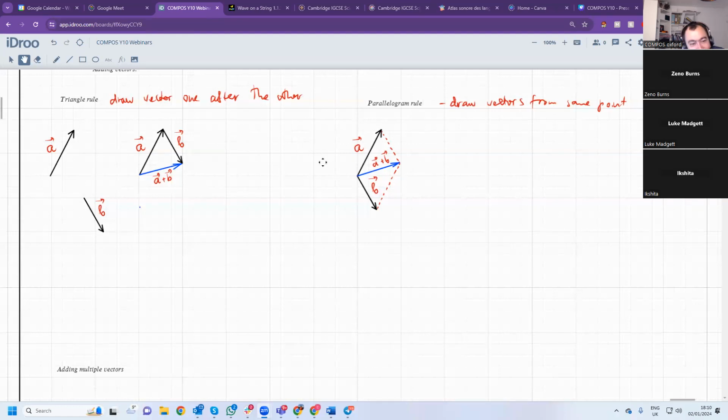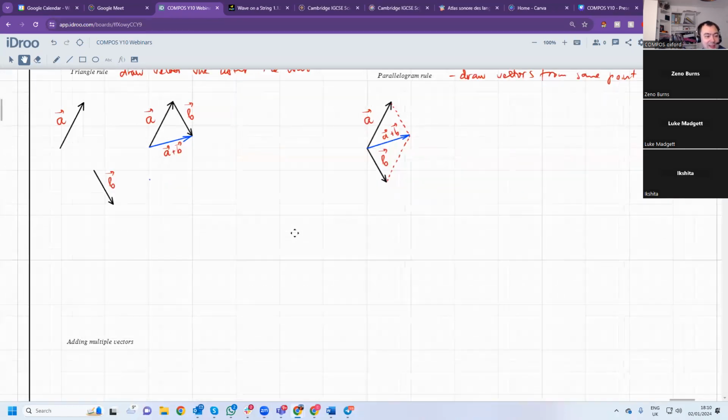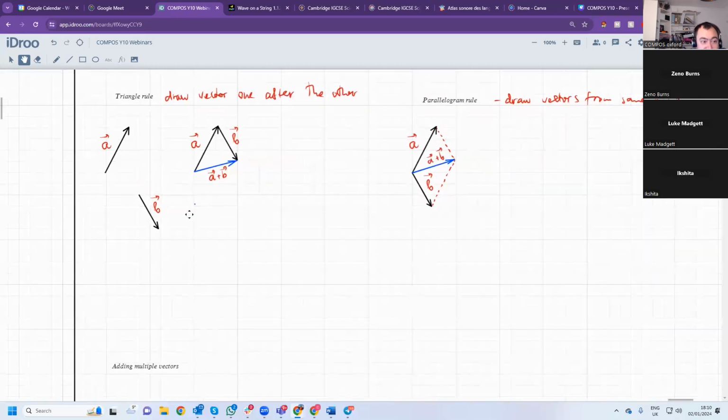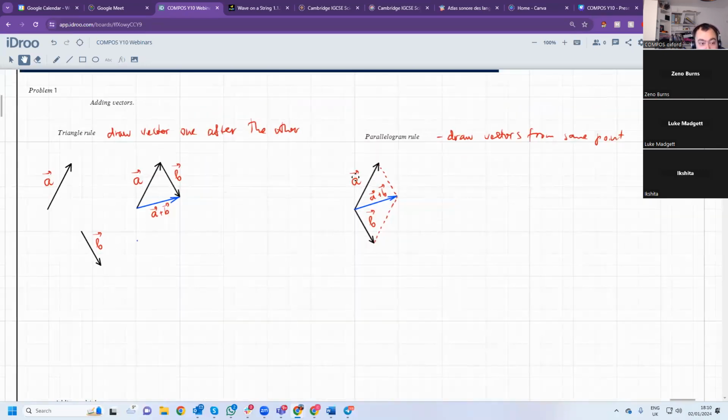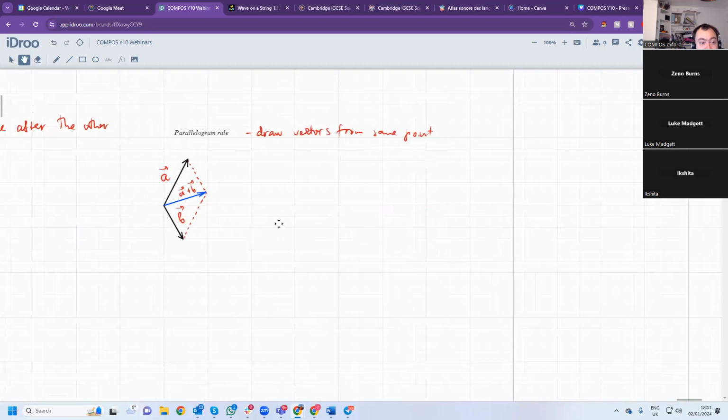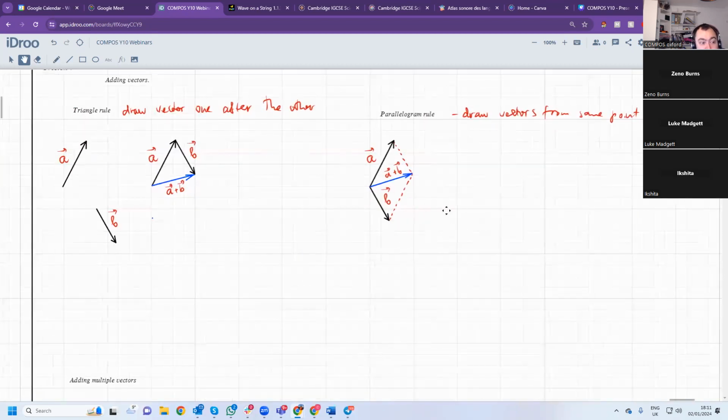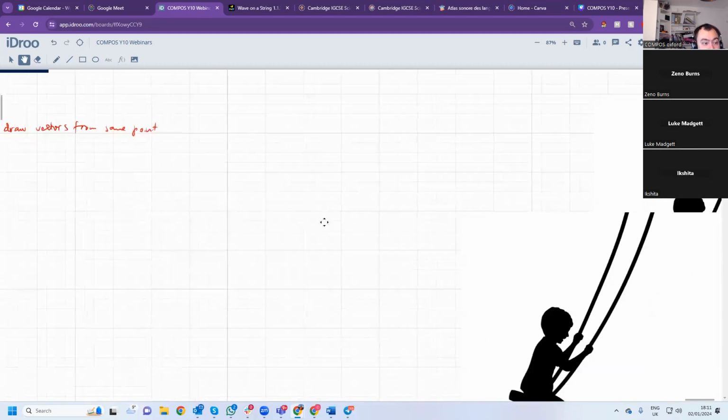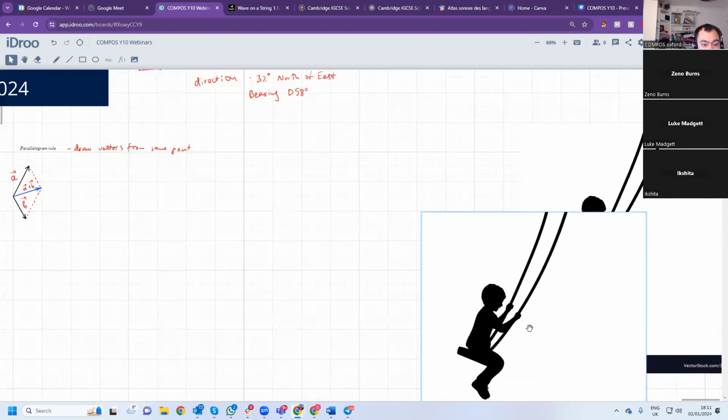Okay, good. All right. Both methods are used equally often. You can't really say which one is used more. Let's look at an example. So here's a child on a swing.